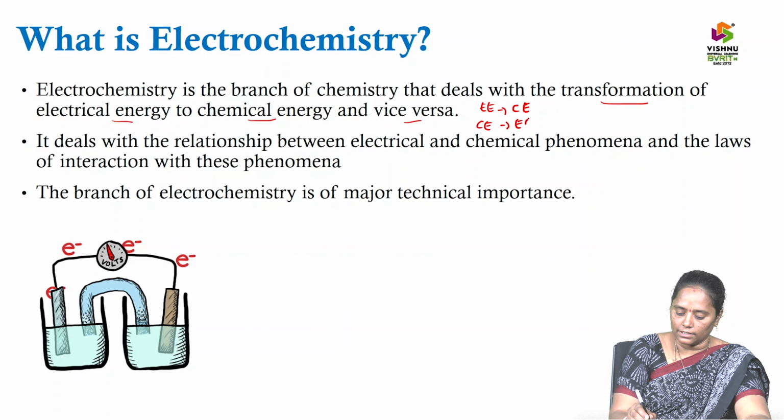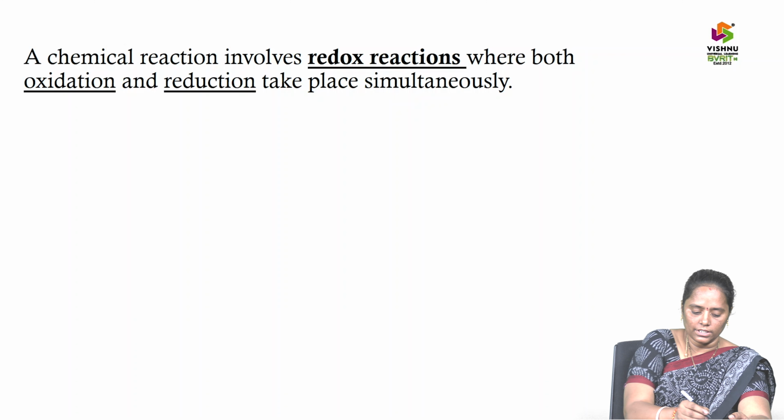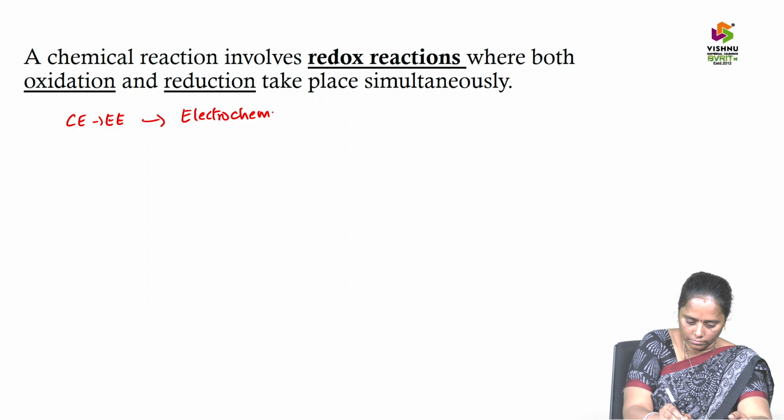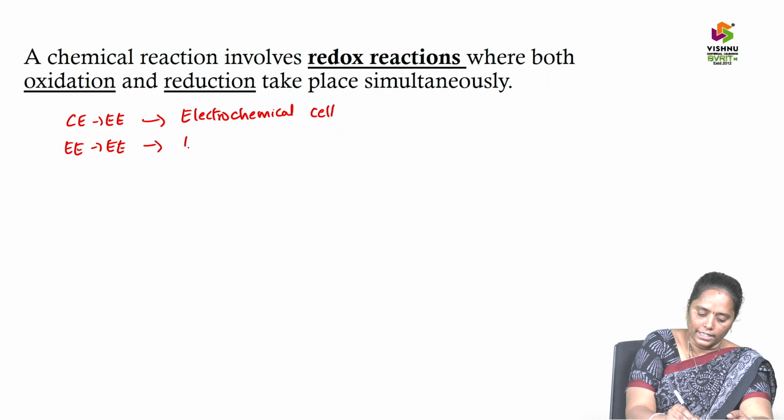When there is conversion from chemical energy to electrical energy, we call such kind of cells as electrochemical cells. If there is conversion from electrical to chemical energy, the kind of cell is called electrolytic cell.